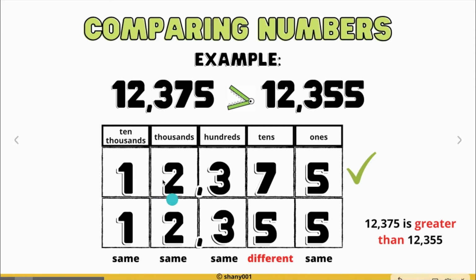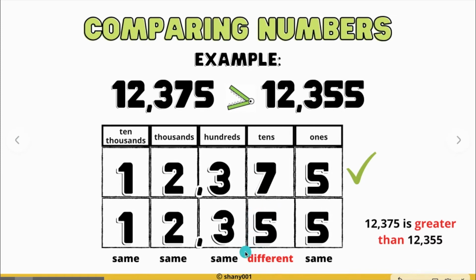So we have 1, 1 is the same. 2, 2, same. 3, 3, same. 7, 5, different. 5, 5, same. We have a different number here.